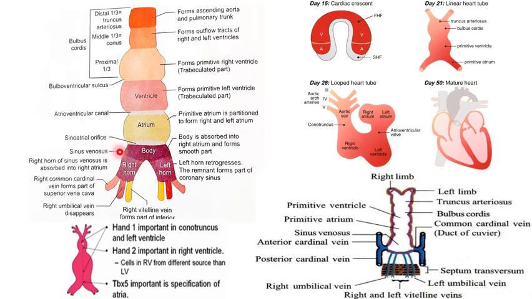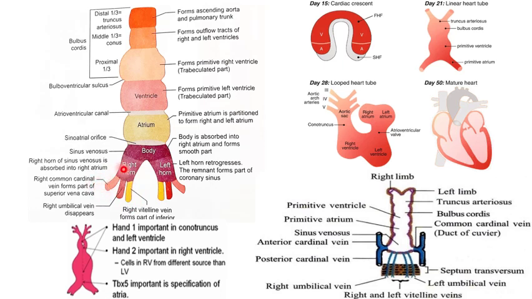As said, this sinus venosus has two horns, the right and the left, and each horn receives two systemic and one somatic veins.